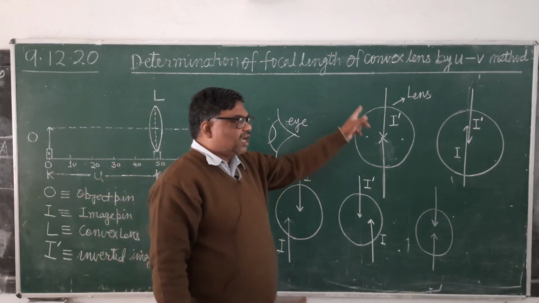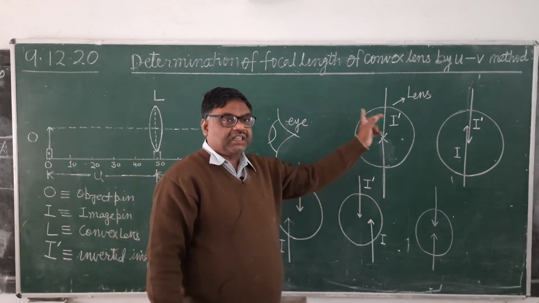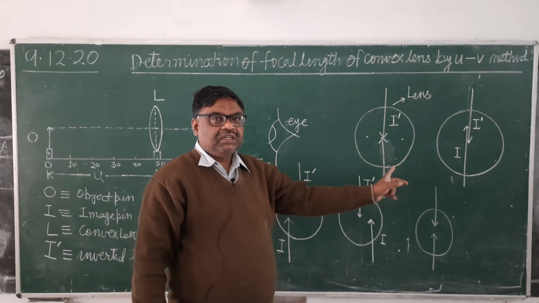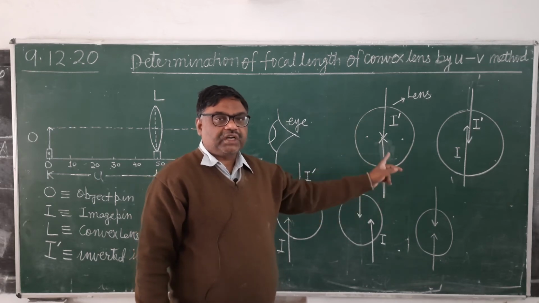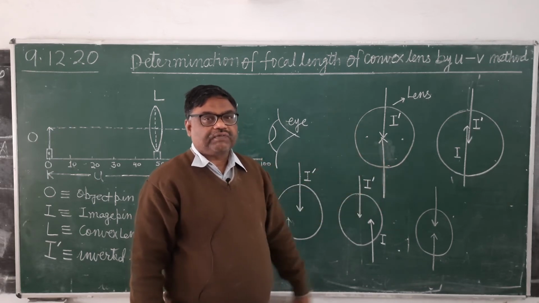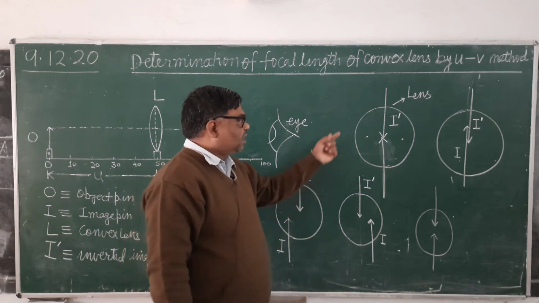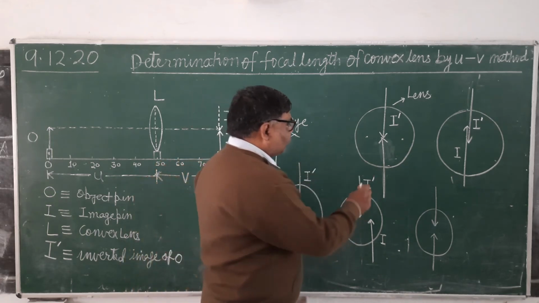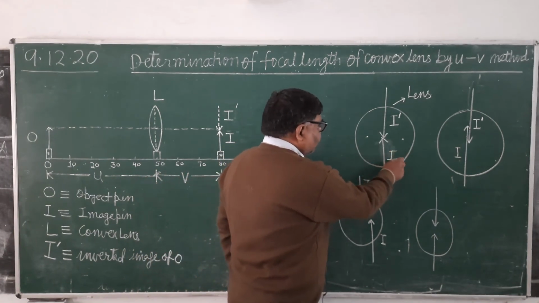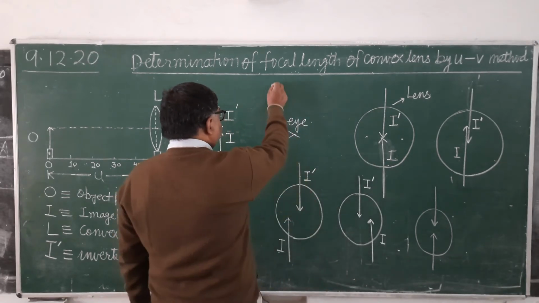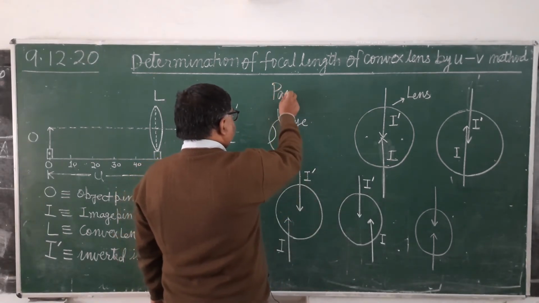They are in one line at the center, but at other points of the lens, if you focus at any other point of the lens within the field of view of the lens, you will find that I dash and I are once again separated. This we say that there is parallax.